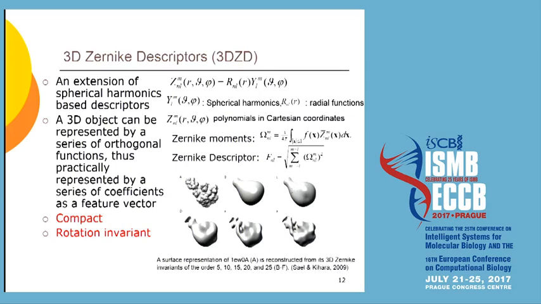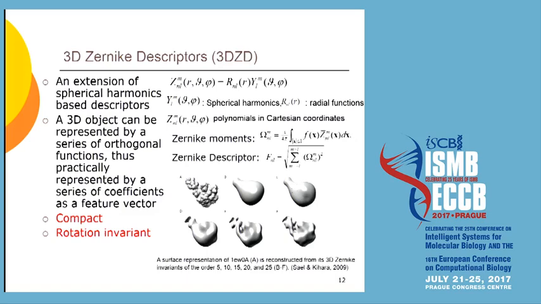This is a base function, and there's a series of base functions which is determined by the parameters n, l, and m. Now, f(x) is the function which describes the 3D shape of the EM map or protein's 3D structure, and by taking the moment, you get coefficient values, and by computing the series expansion, you get the vector of coefficient values of the 3D Zernike descriptors.